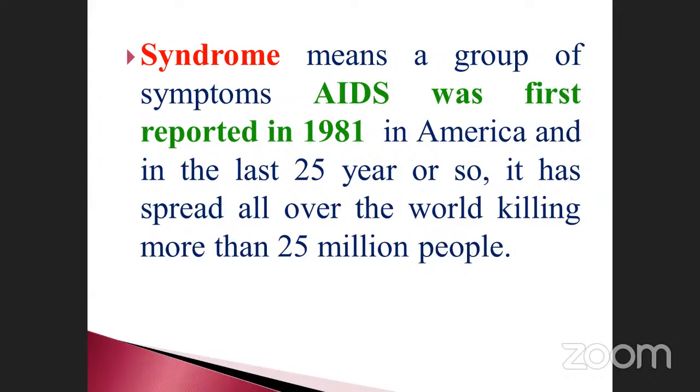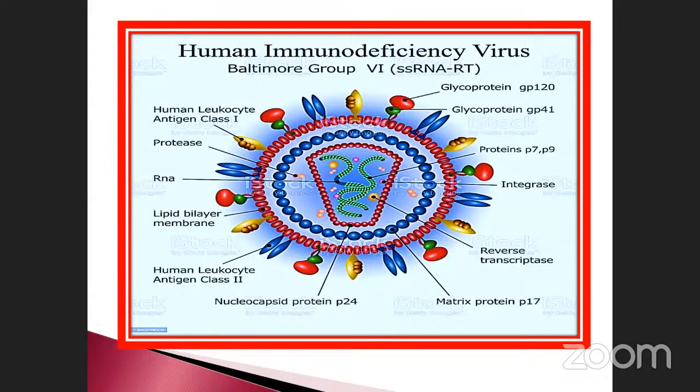Here is the structure of the human immunodeficiency virus. You already know very well about HIV, isn't it? It has two components. The outermost covering is made up of glycoproteins.